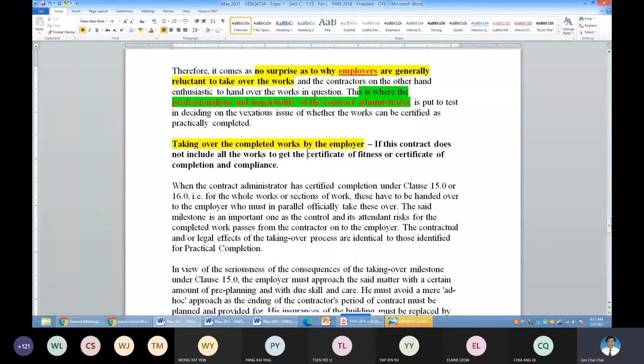So certificate of CF means the last time is a CF. That is last time. Okay. Now it is CCC. Okay, this one is called CCC.